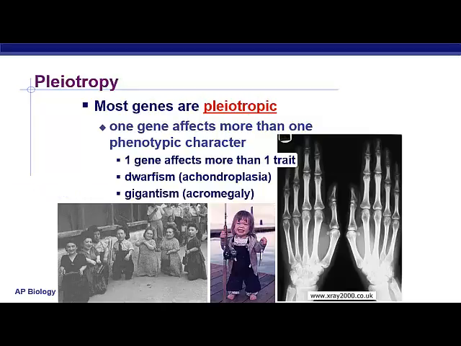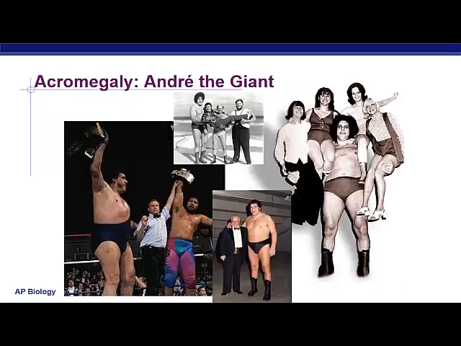Okay, the next one, gigantism or acromegaly. I don't know if gigantism is dominant or recessive. I'm not sure. But if you have it, like Andre the Giant, you guys saw the picture on the first page, right? A lot of the features there are connected to one gene.